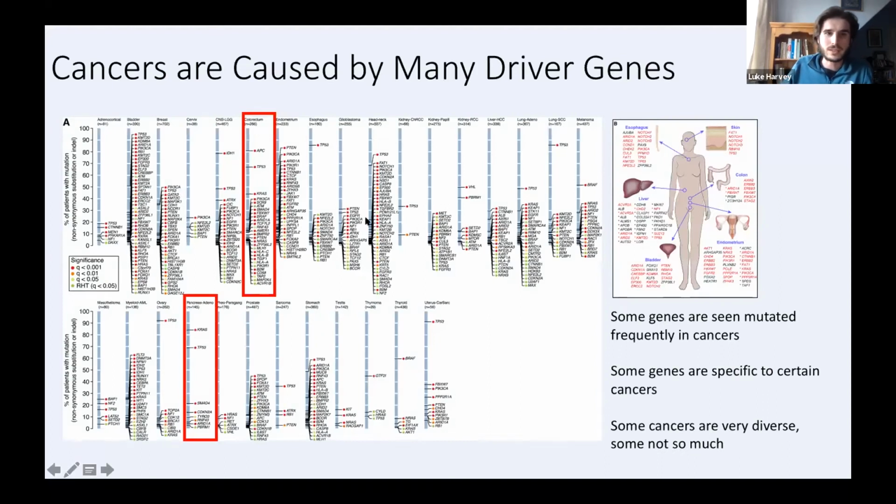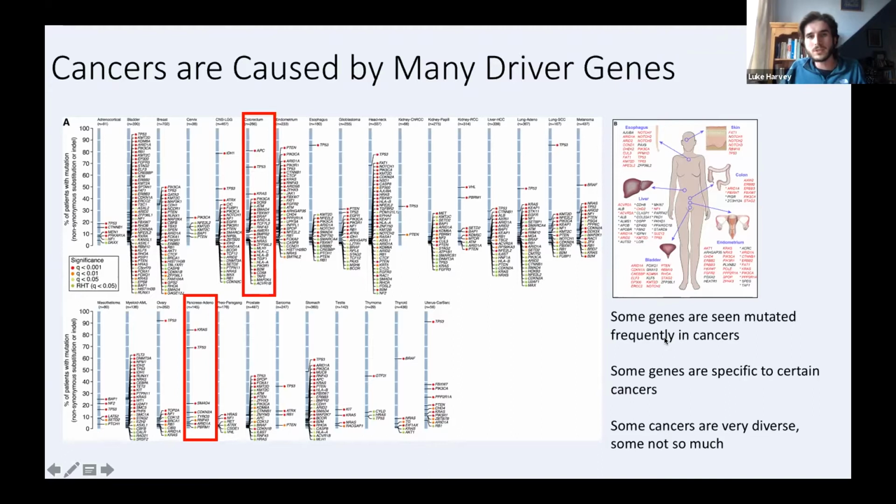But what's very interesting, and this is a rather horrible graphic, I'll admit, is that there are many different genes driving different cancers in different tissues. What I want to draw your attention to are the two I've highlighted in red, colorectal cancer and pancreatic cancer. You can see P53 is frequently mutated in many cancers. In fact, you can see it in esophageal cancer, head and neck cancer, and a variety of other cancers.